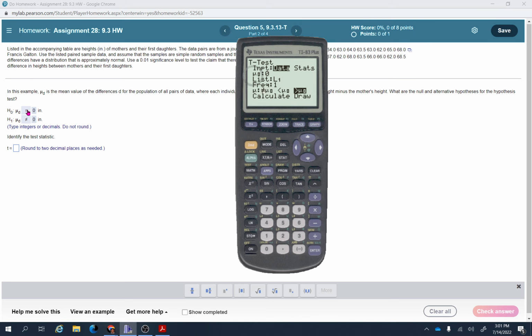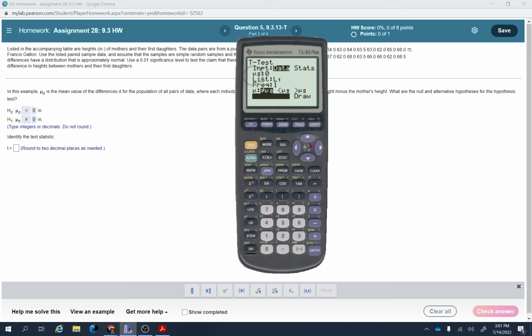We are choosing not equal here, because if you need to find greater than 0, then you choose the greater than sign. Less than 0, then you choose the second one, but here we are interested in not equal to 0, so the first one is the option.